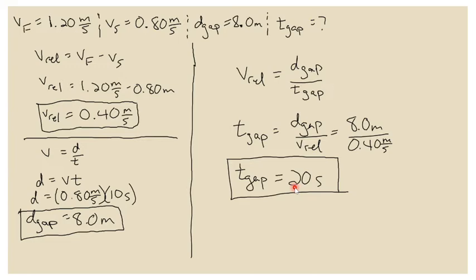So it's a little bit extra work in the sense that you actually have to find the gap distance here to be able to solve for the thing the problem is actually asking you to solve for, but it's still eminently doable nonetheless. I want to just say one more time, though.